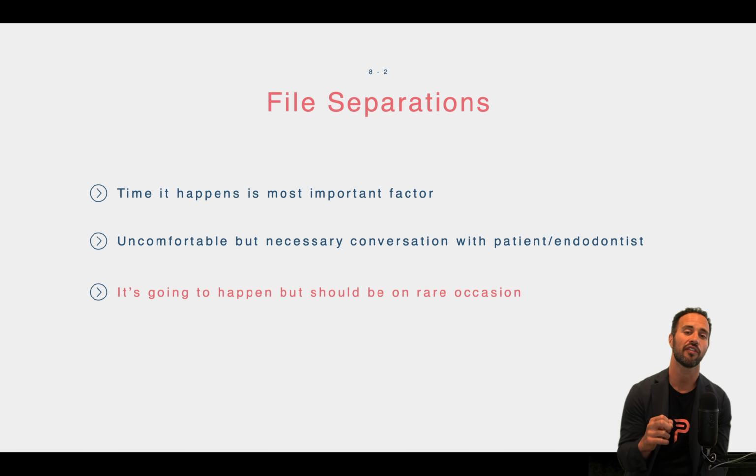The time in which a file separation happens is very, very important because it really dictates what the long-term prognosis of the case is. So, an example, when a file separation occurs on a vital case, let's say, that's maybe your last rotary that you are putting into the patient's tooth after you've done a significant amount of disinfection, that case will tend to do much, much better than a necrotic case that's significantly infected, where a file separation happens early in the procedure, and thus your disinfection overall is going to be significantly hindered.